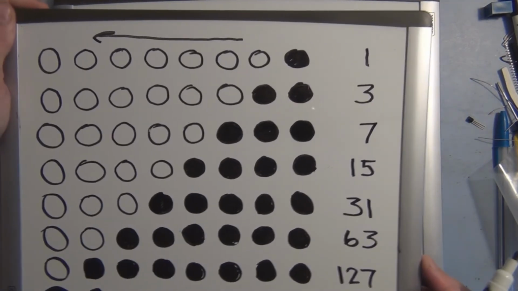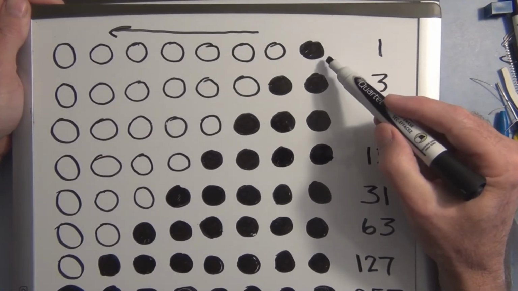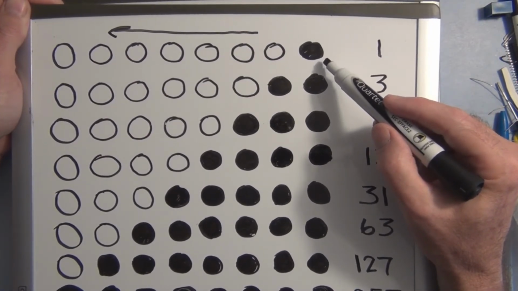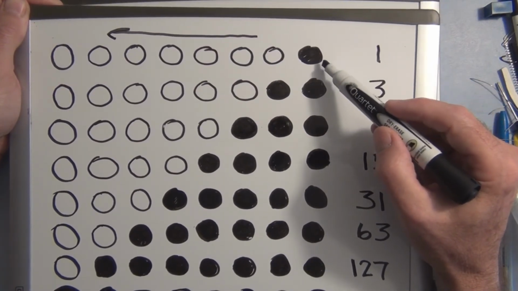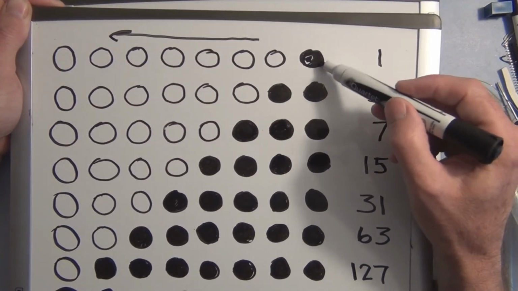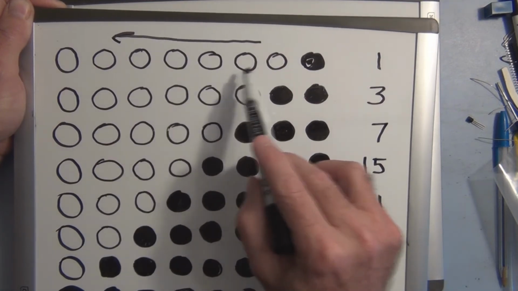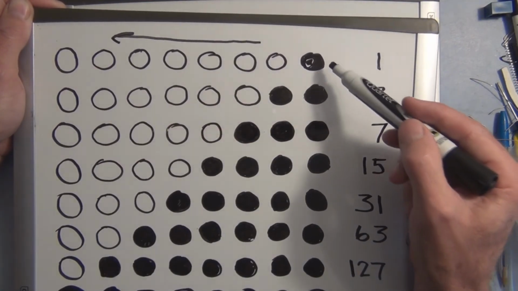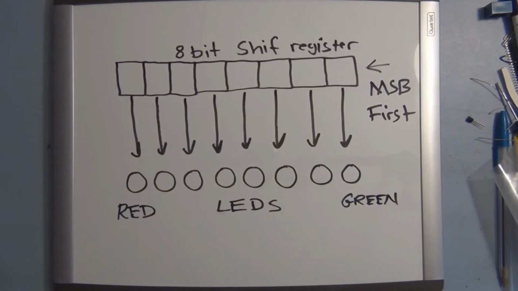So if the graph is returning a number 1, or it's pointing to element 0 in the array, we only want this one turned on. So all these zeros have to be shifted in first to finally get this to light.